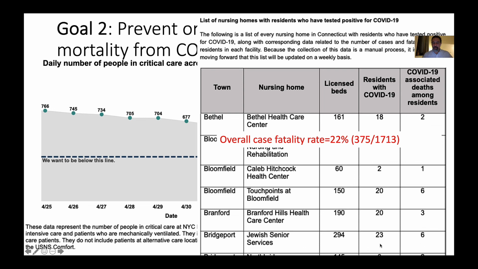Among 375 of those cases, there were deaths. So that was a case fatality rate of about 22%. This is very high, and it reflects the vulnerability of nursing homes. And so thinking about metrics for preventing COVID-19 deaths, which was our second public health goal here, you really do need to focus on congregate settings and nursing homes and those populations that are most vulnerable.